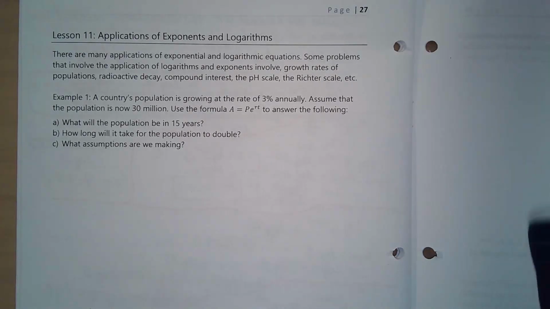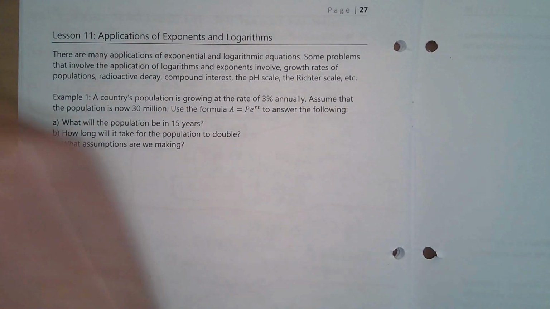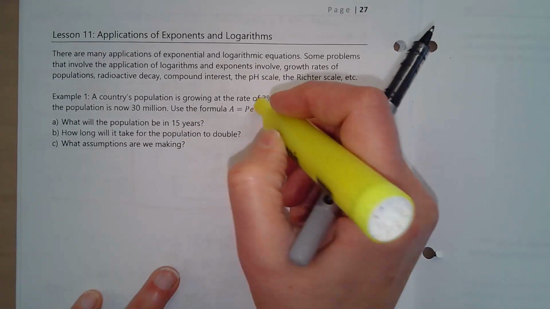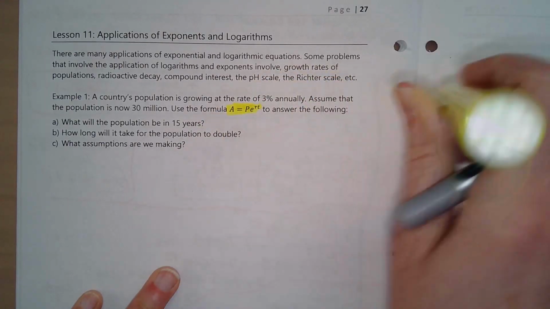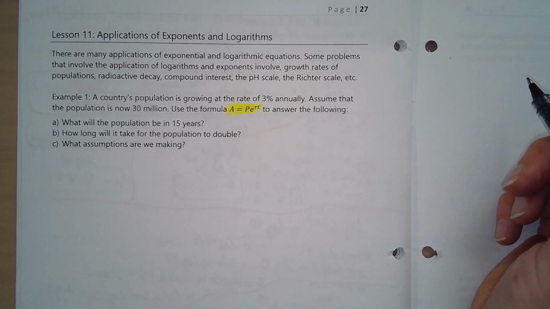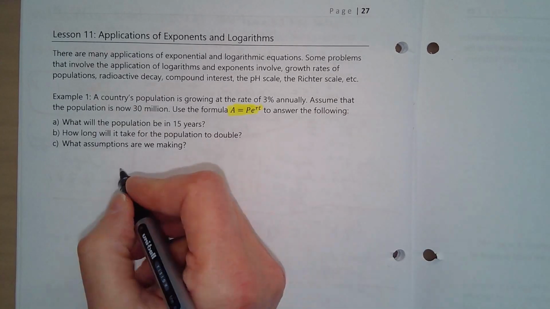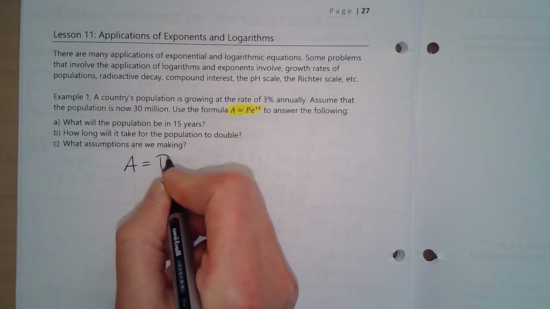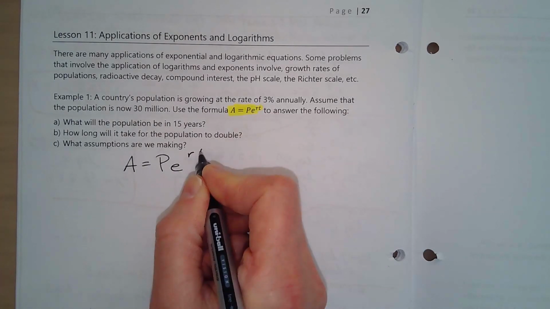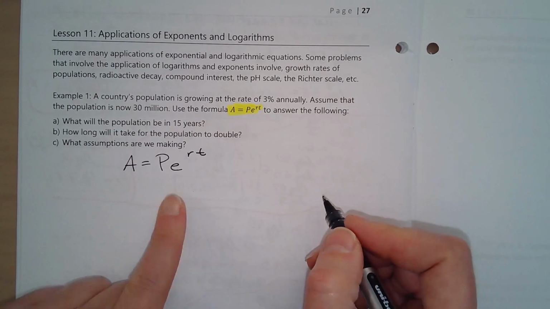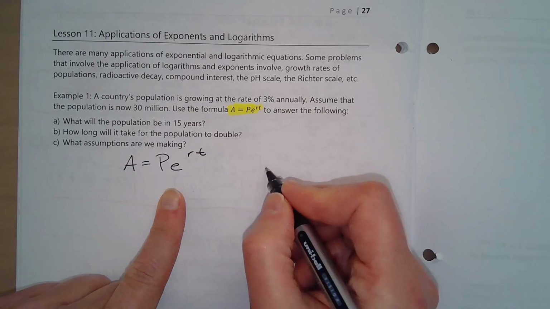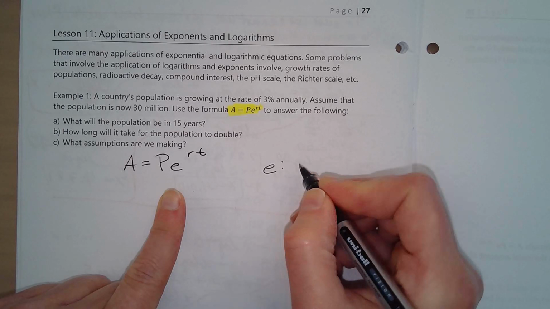What assumptions are we making? Okay, so again, in these examples, I believe I've embedded the formula in every one of them because it's similar to what they'll do on the exam. This is my formula, A equals Pe^(rt), but I'm just going to identify the pieces for you. Again, we see the natural growth rate, right? So this is just the natural growth rate.